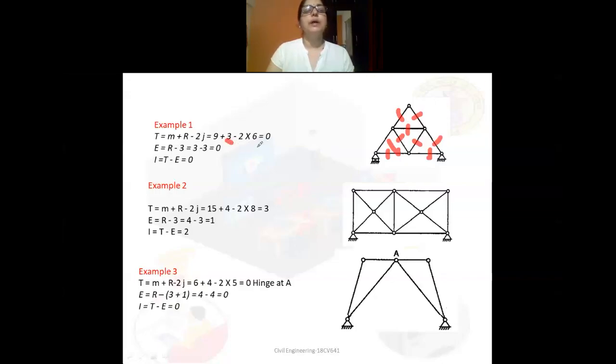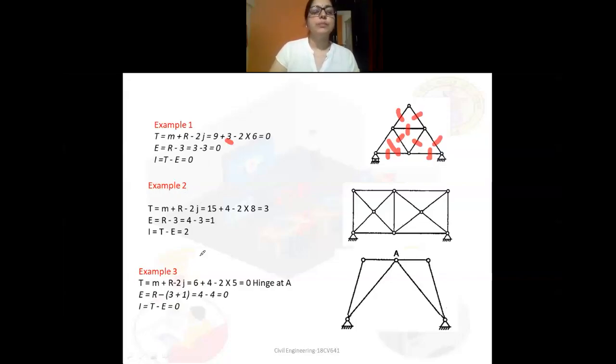M plus R minus 2 into the number of joints, 1, 2, 3, 4, 5, 6, so 2 into 6. External indeterminacy is R minus 3, that is 3 minus 3, which is 0. Internal indeterminacy, that is T minus E, is also 0. So it is statically determinate.